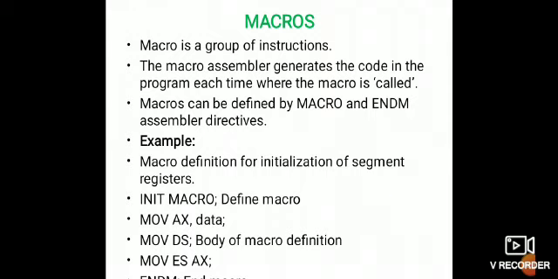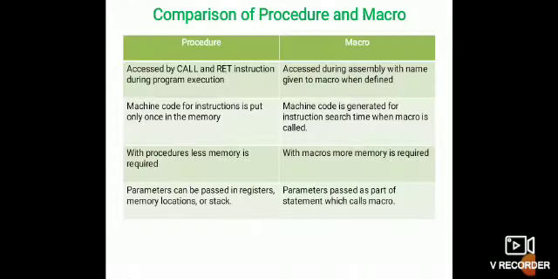Here you could see an example, which is init macro, and we have certain statements under it. Whenever the macro is written in a program, these statements will be substituted there, or this code will be generated every time the macro is written in the main program.